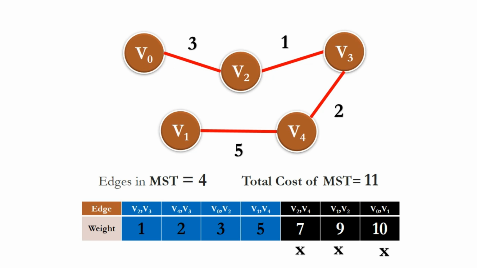And then, if we're going to compute the total cost of MST, we're just going to add up the edges value of all the spanning tree, like 3 plus 1 plus 2 plus 5 is 11. Now 11 is our minimum spanning tree total cost.